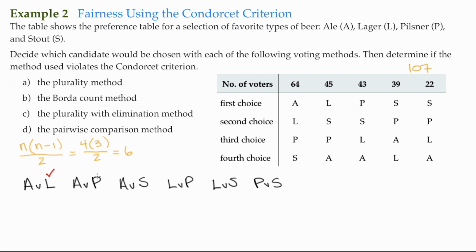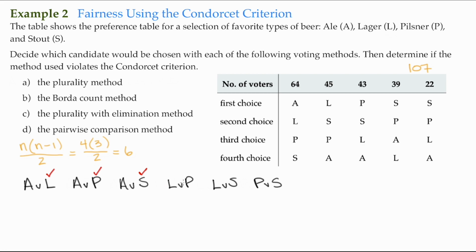So pilsner wins in a head-to-head comparison with ale. We do ale and stout. Ale got 64 here, and I think that's it. So stout gets all the rest. So stout wins here. In a head-to-head comparison, stout has more votes than ale.